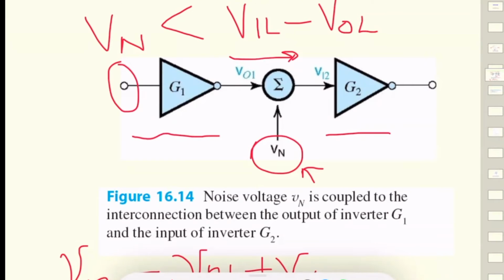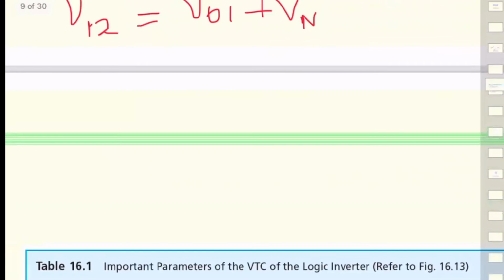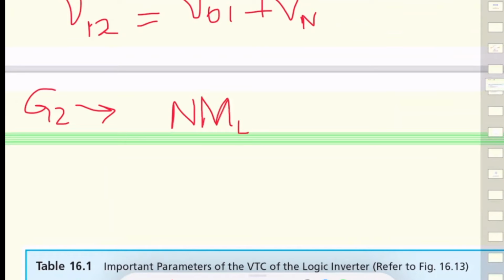So we can say that G2, the second inverter, has a noise margin for low input, and we call that noise margin on the lower side VIL minus VOL.